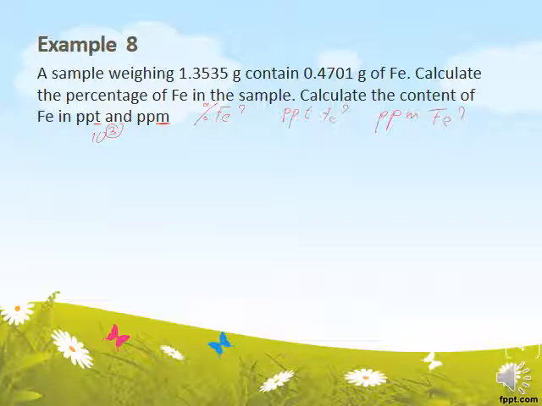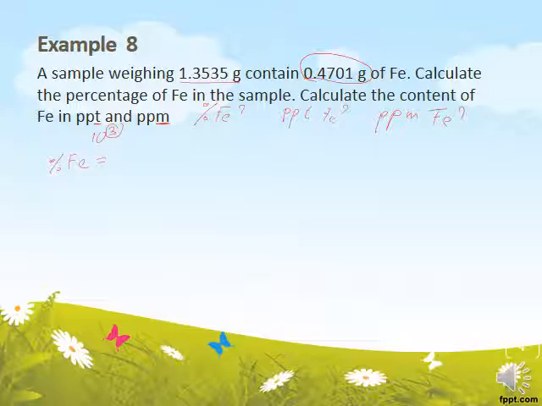So how are we going to solve this question? Look at the information given. The first one is sample weight. Then look at the iron content. Let us solve the first question, which is percentage of iron in the sample.